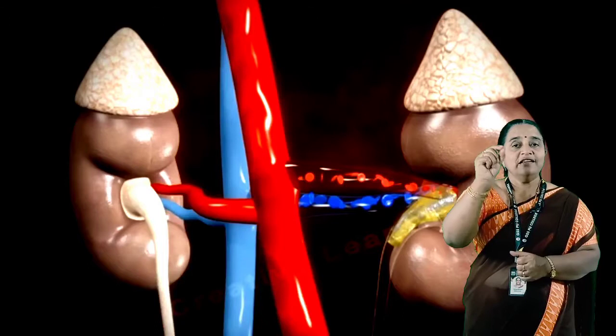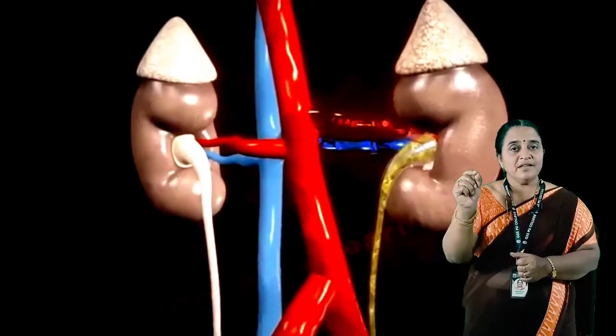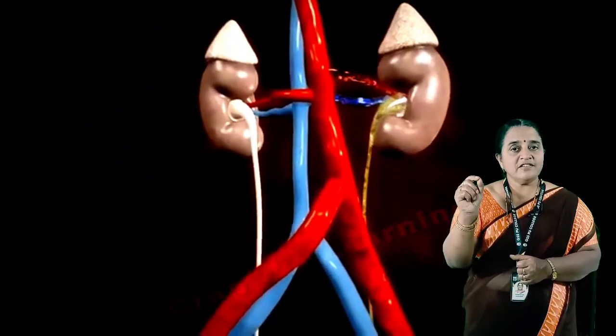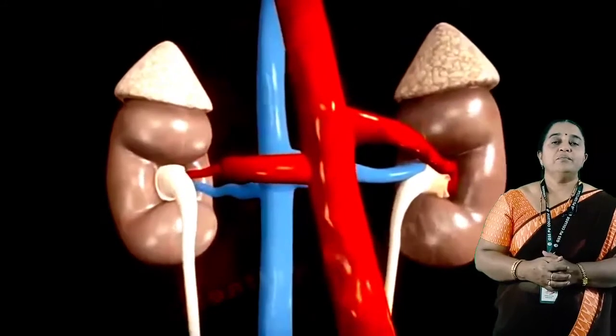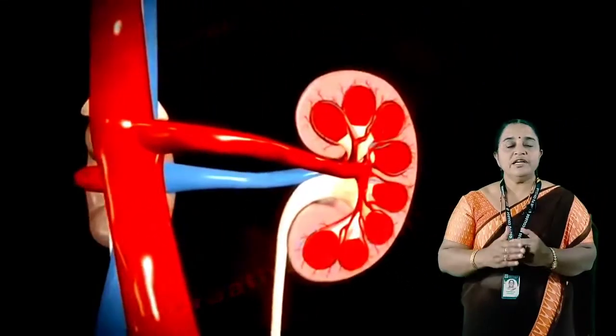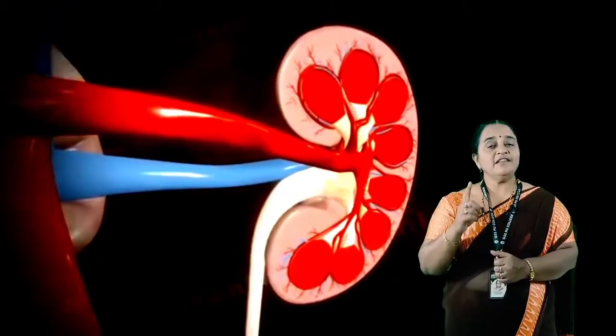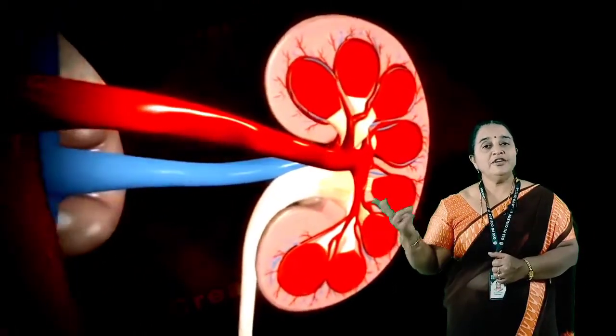This renin is secreted into the blood. It is a vasoconstrictor. Renin secreted in the blood acts on a protein called angiotensinogen, which is in inactive form. So it is converted into angiotensin 1 and angiotensin 2.